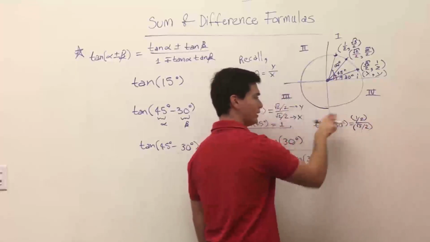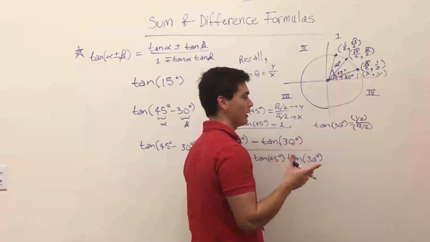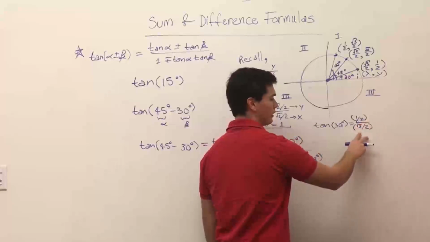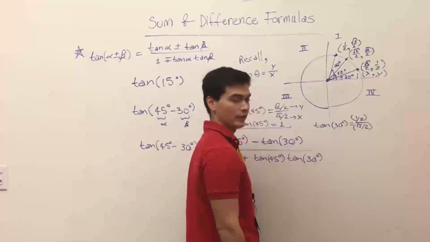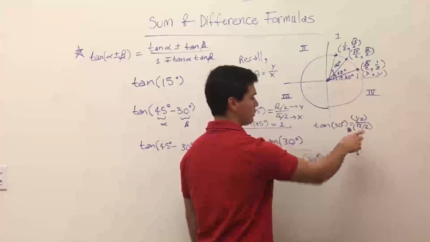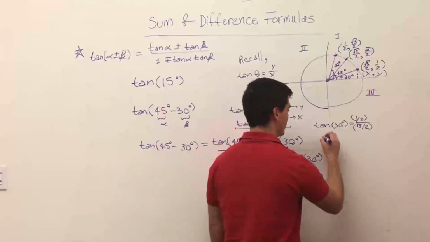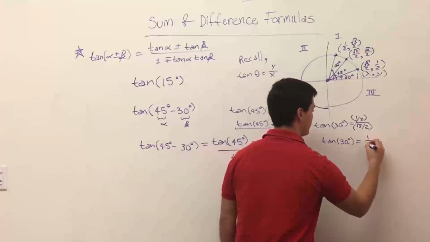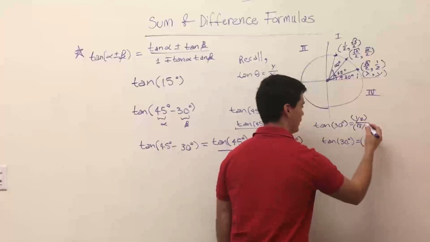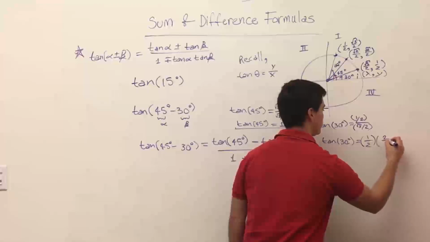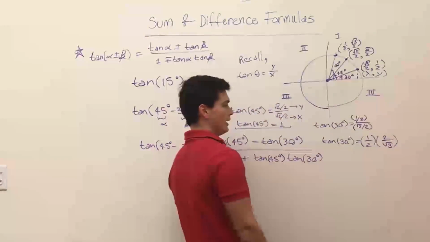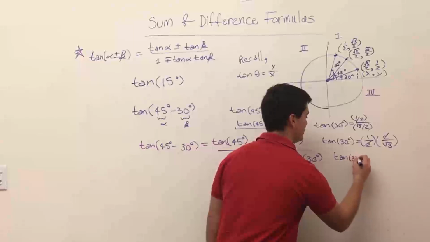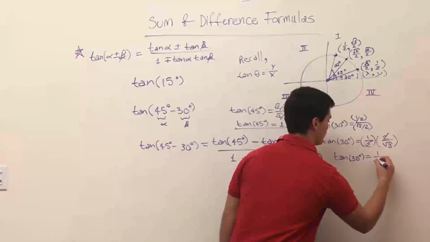I'm going to write the numerator with a set of parentheses so I can identify the numerator and denominator. The reciprocal of square root of 3 over 2 is just 2 over square root of 3. So this becomes equal to 1/2 multiplied by 2 over square root of 3. Now, 2 divided by 2 is simply 1. So the tan of 30 degrees is simply 1 over the square root of 3.